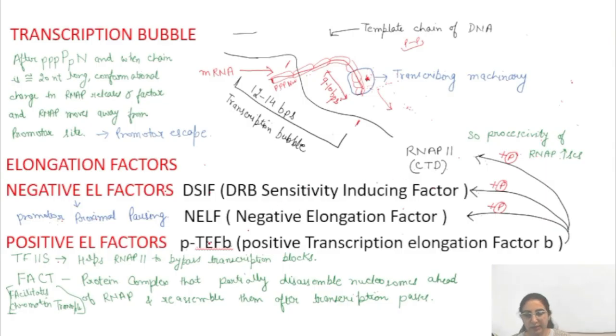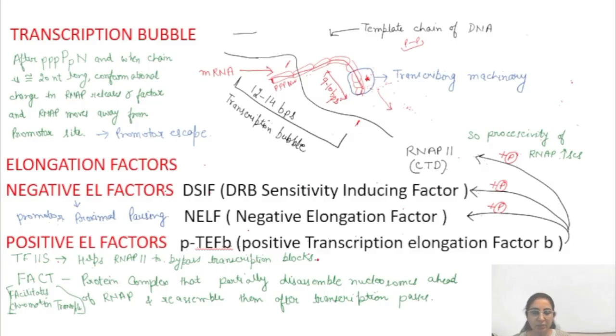So this is the main positive transcription elongation factor B. What are the other examples? Another is TF2S, or transcription factor 2S. This is an elongation factor and it helps the RNA polymerase to bypass the transcription blocks.